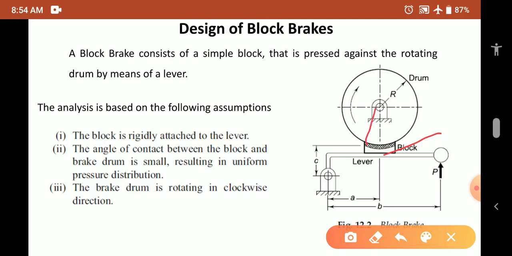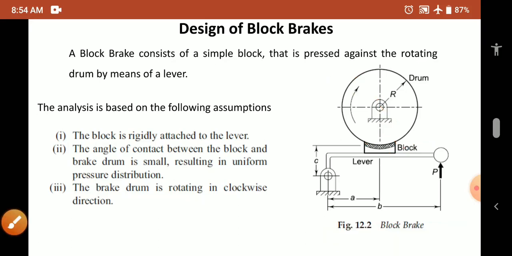As the angle of contact increases, pressure variation will happen. Therefore, in order to get uniform pressure distribution, the angle of contact must be small. The third assumption is that the brake drum is rotating in the clockwise direction.